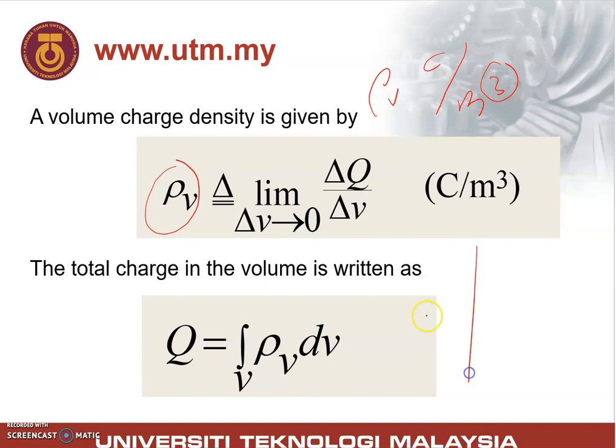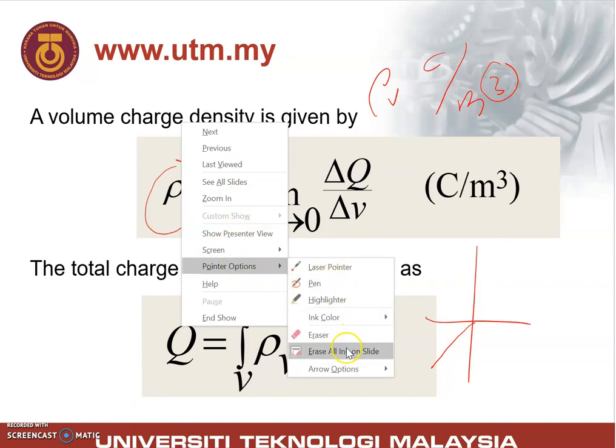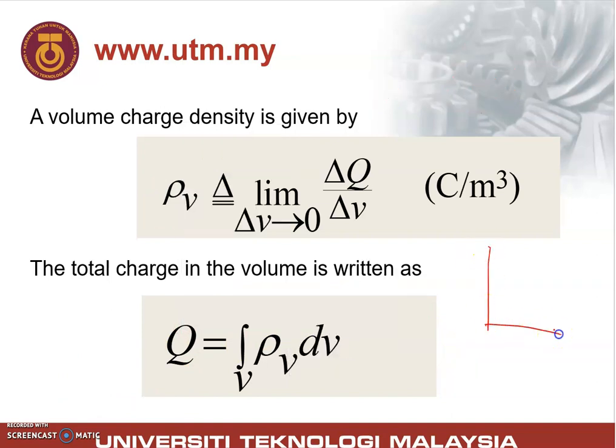For example, if you have your X, your Y, and your Z, then you have a volume. Let's say you want to know the total charge in a small volume. This is the sampling of the charge over the volume, and it is a small dV.